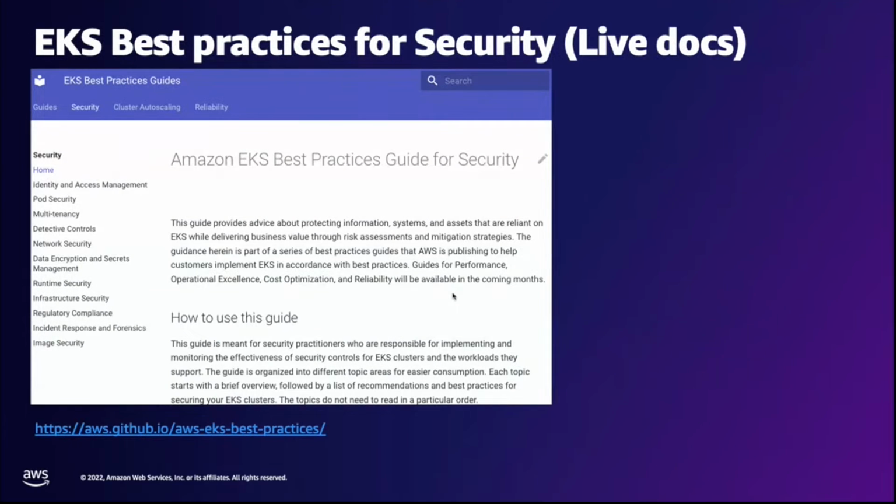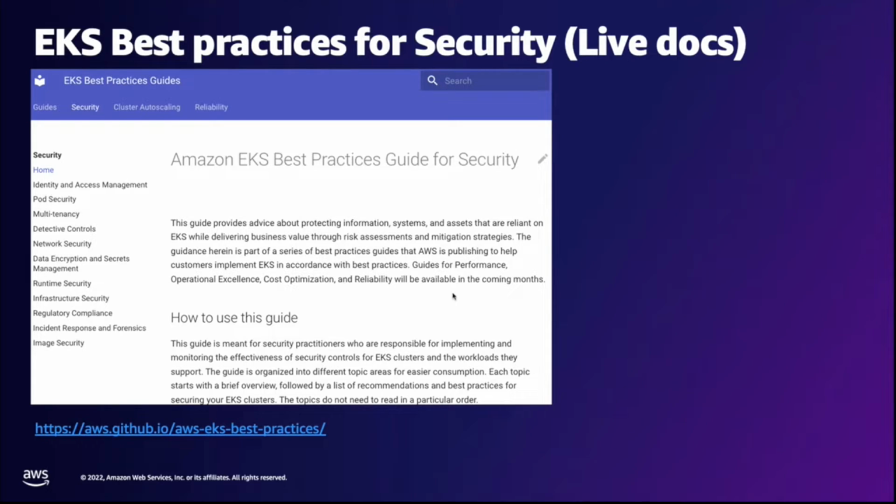Those are pretty much the overall recommendations from the security perspective. And for those of you that are not familiar with it, there is a comprehensive guideline available on GitHub where you can find most of the things I have described here, as well as some additional things.